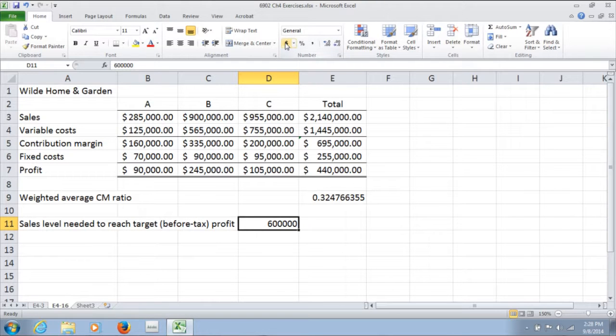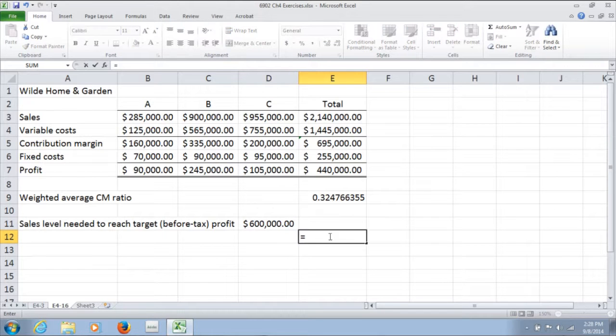So as you think about that, the sales needed to reach $600,000, well, considering exercise 4-3, we would take the sum of the total fixed costs plus the target, and then here divided by this ratio, 0.324766 and change.